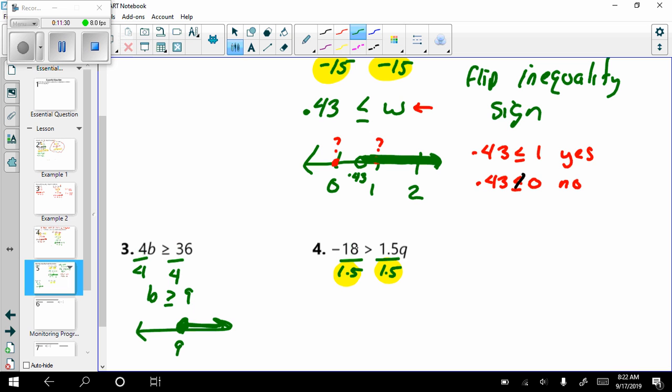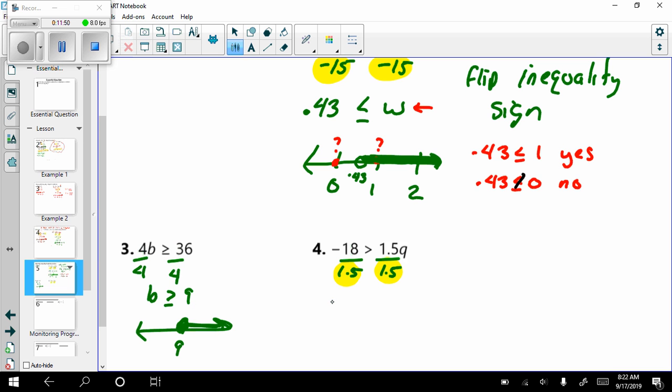Even though on this side, I'm dividing it into a negative number. That's okay. You still don't flip the sign unless it's actually a negative number that you are multiplying or dividing by.